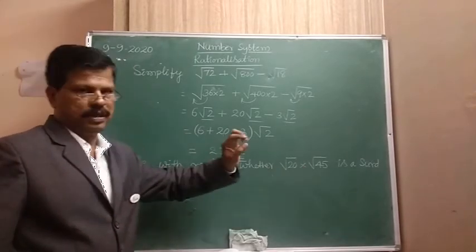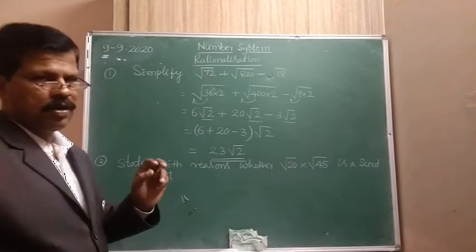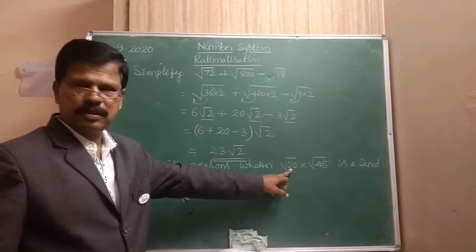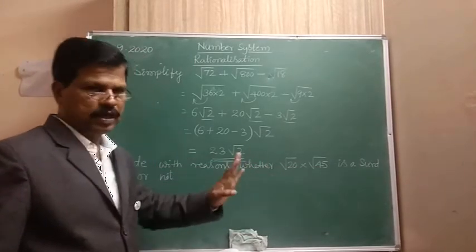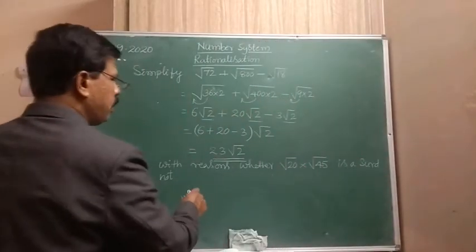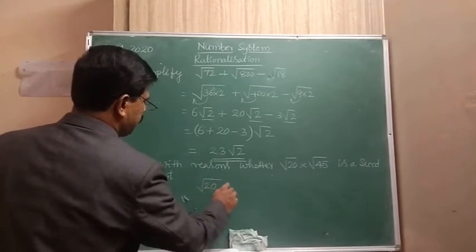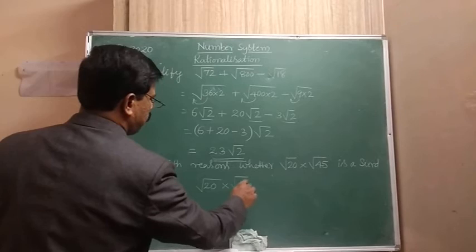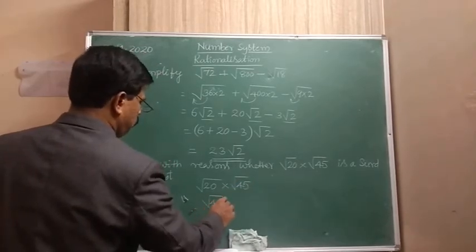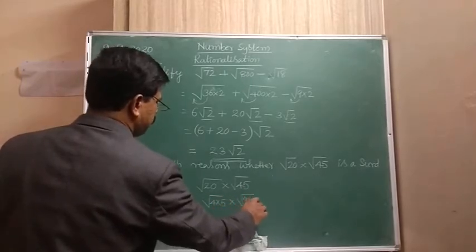So here, when we call something a surd, the radicand is a non-perfect square number. Now 20 is a surd, 45 is also a surd. When you simplify that, I will do it here. Square root of 20 into square root of 45. This is 4 fives are 20 and this is 9 fives are 45.